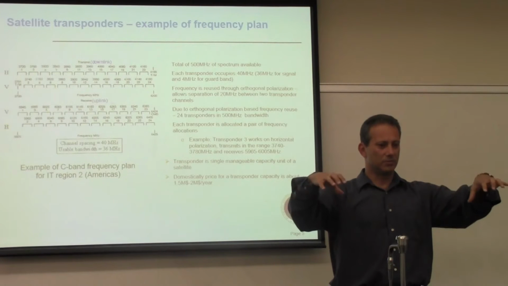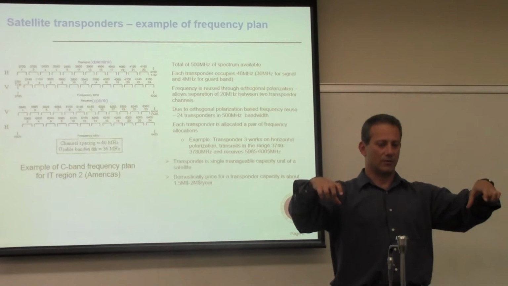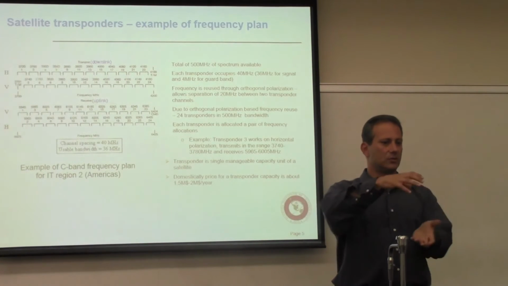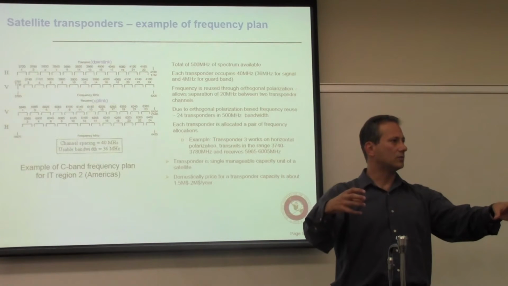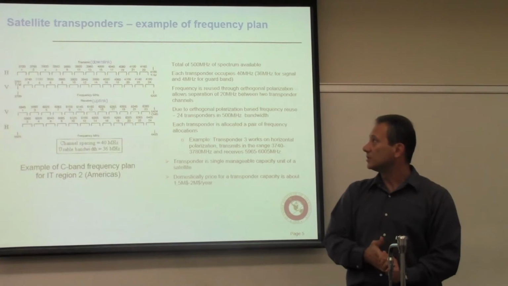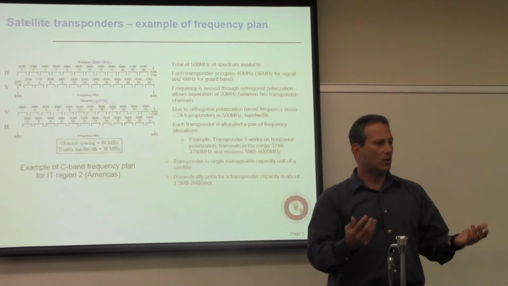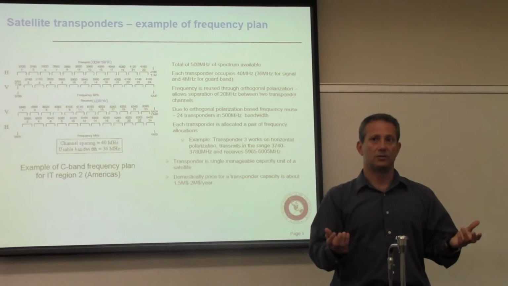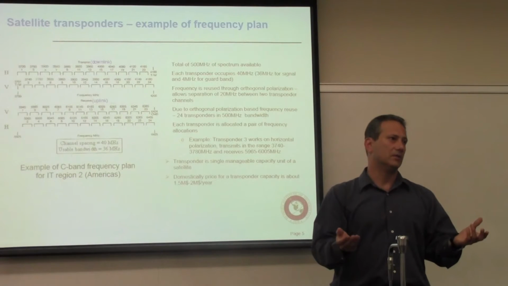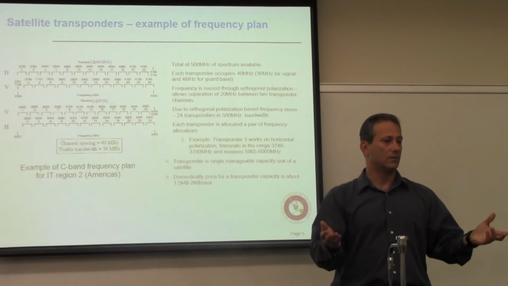You have a certain portion of the frequency band that you feed into that transponder. It receives at one channel, transmits at its counterpart, and it has a certain band. Although, nothing prevents a satellite manufacturer from designing any kind of bandwidth they desire. They can do whatever they want.